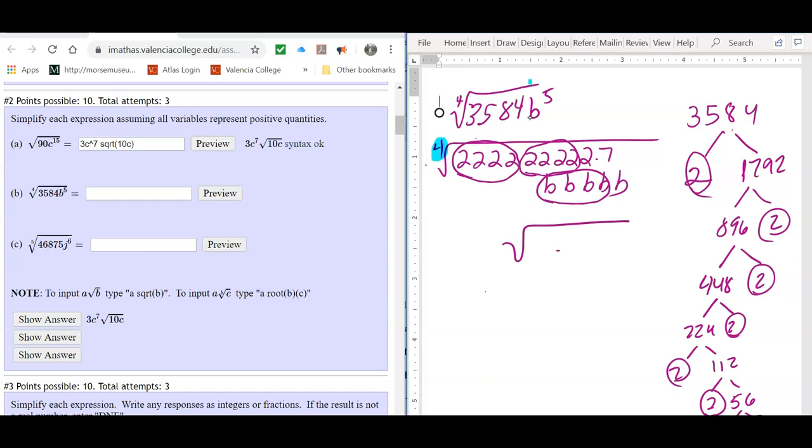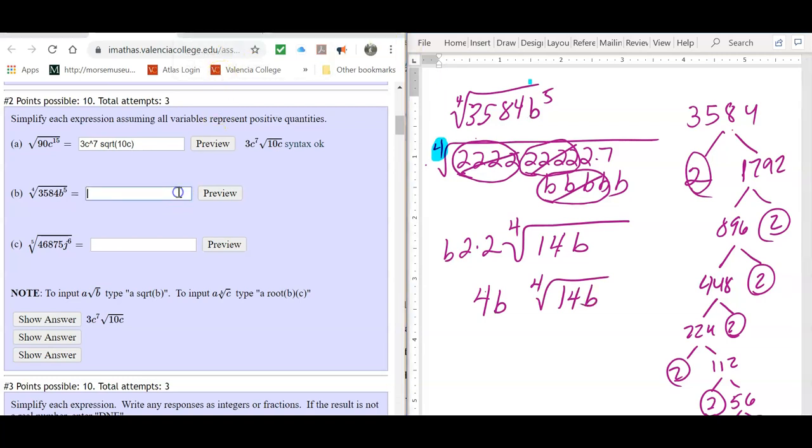Well, 2 times 7 times b is 14b. Now make sure you always bring over that little index, very important. It's the same index as 4. And then what came outside? Well, 2 came outside, another 2, and then a b. So I'm left with 4b, and then the 4th root of 14b.